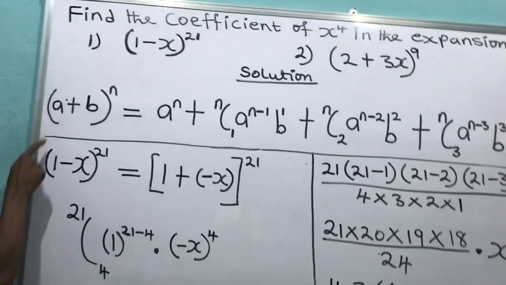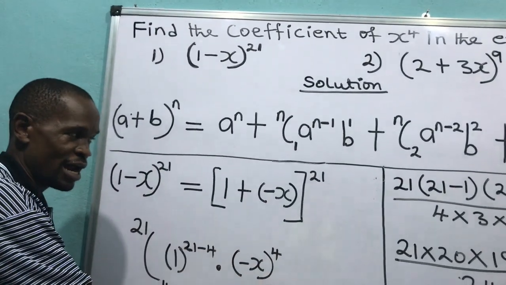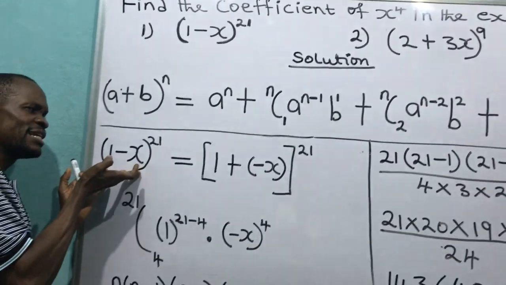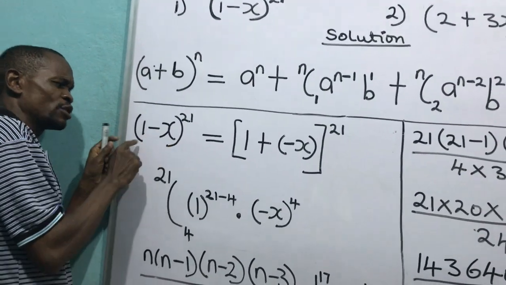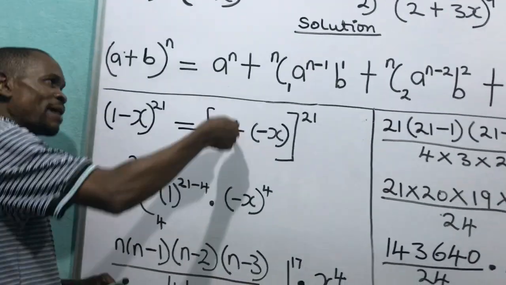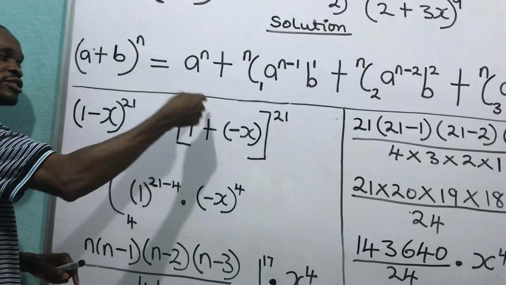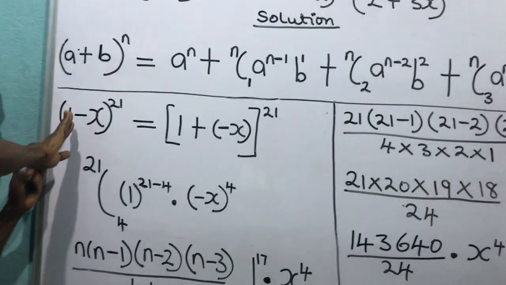In this case, A is 1, and B is what we don't know yet. So I have to put this in a binomial format. How am I going to do that? Look at the 1 here, I write the 1 down. Then I put my plus, because this plus is constant. Putting my plus, then the one with the minus is x.